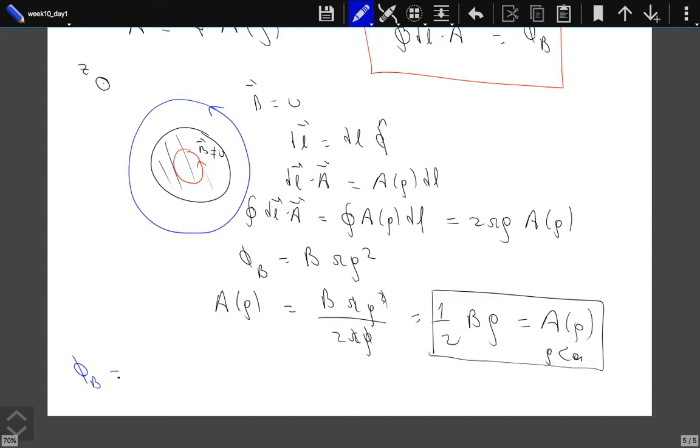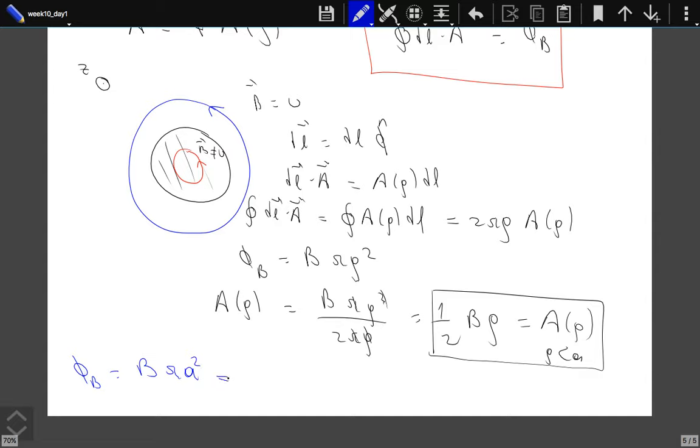You see, within this blue loop, the magnetic field is non-zero only in the disk with radius a. So whatever the radius of my blue loop, the flux through my blue loop is just the magnitude of the magnetic field times pi a squared. It is constant. I can make my loop larger or smaller, the flux doesn't change.